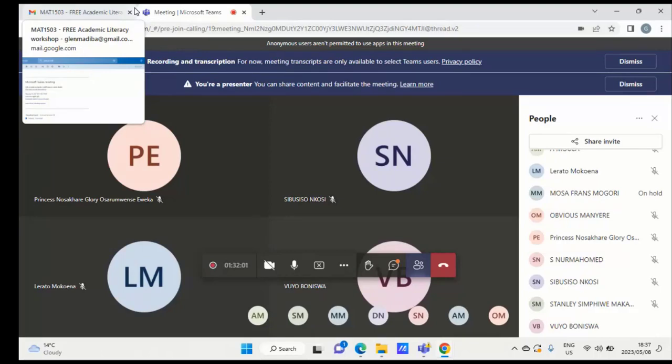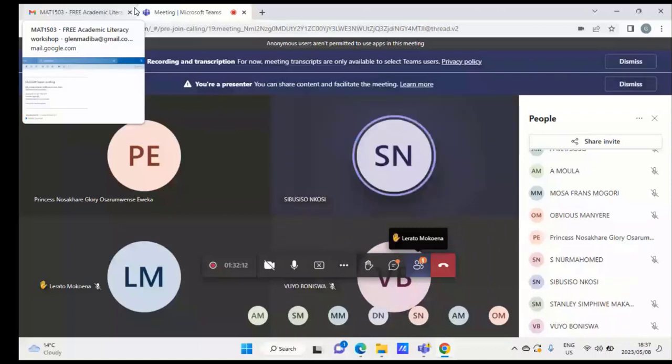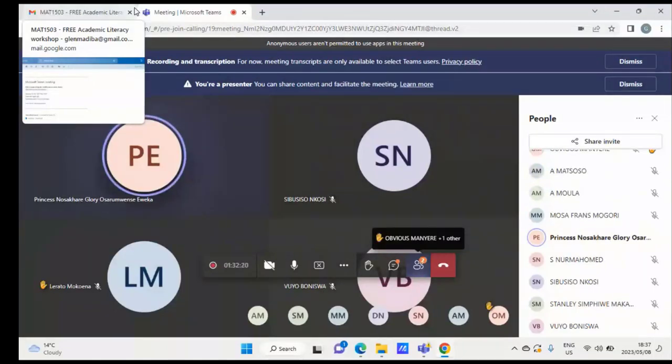Sibusiso, please listen carefully. I've noted your hand. Lerato will be with you. Please go ahead, Princess. My first row is 1, 1 over 2, 1, 1 over 2. My second row is 0, 1, -1, and -1.